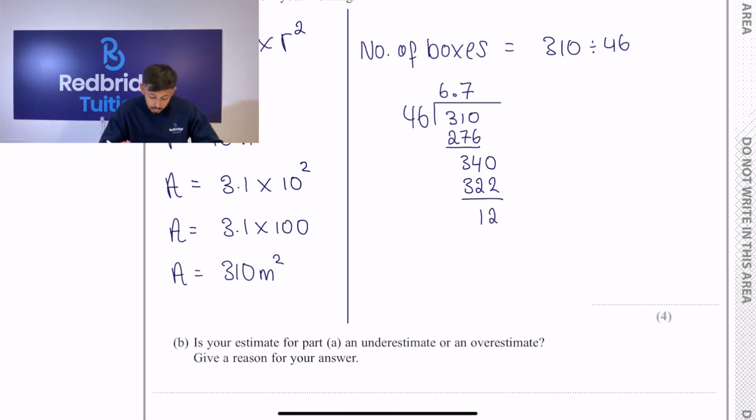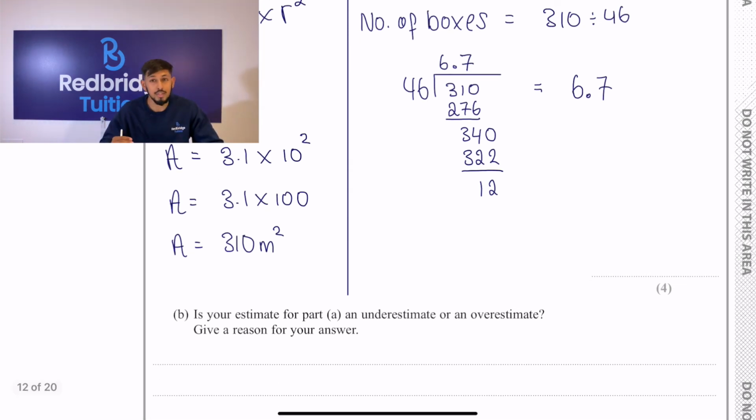Now, I've left this answer to one decimal place as it is an approximation, and we can't have 6.7 boxes. So what we will have to do is round this value up to have a total of 7 boxes, as we need an extra box to cover the remaining amount of area.